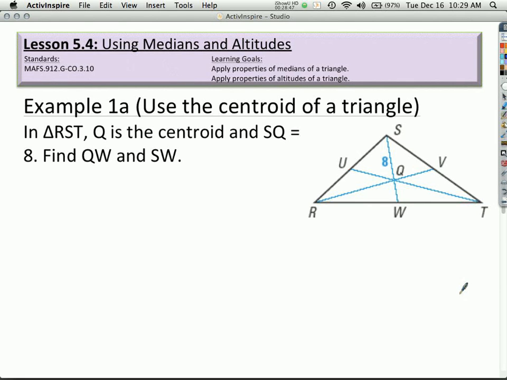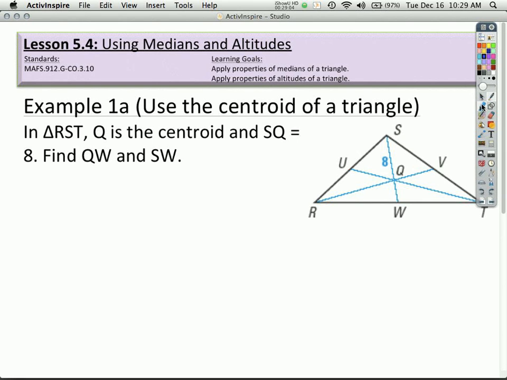Triangle RST. Q is the centroid. SQ is 8. Find QW and SW. So we are focused here.